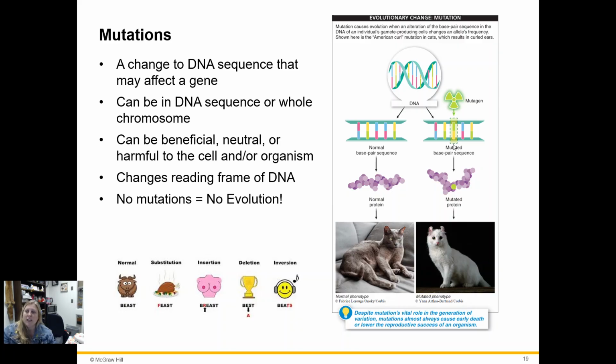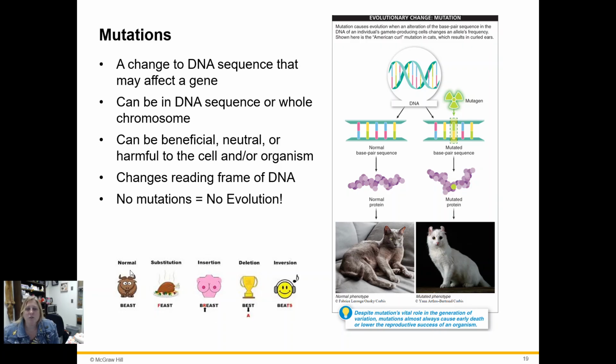Now, if there is a mutation that changes the base pair sequence, it might change the amino acid that then results in the protein not folding properly. That is then going to potentially result in a mutation to the phenotype, such as what we see in these cats. And they have these little curly kind of mouse ears. I think they're adorable. Doesn't hurt the cat. It's not really a beneficial or a detrimental mutation if it's a house cat. So it would be considered something neutral, but it is something that we do see.